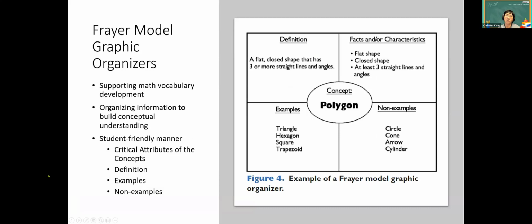So when you are teaching a more difficult math concept, what do you have to do? Graphic organizer. Right in the middle, write the vocabulary that you are going to teach in the math concept. Then say what the definition is, and what the facts and characteristics of that concept are, and then example, non-example.